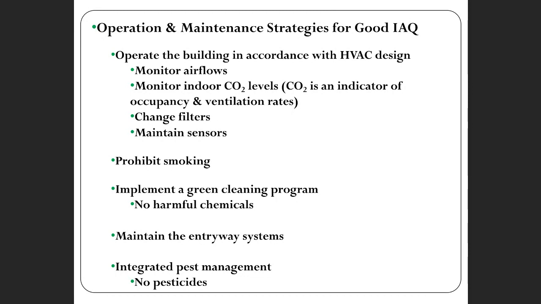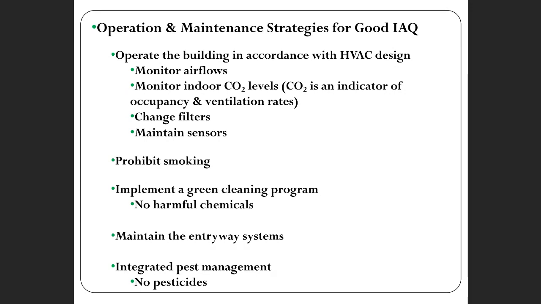You can measure how much outside air you're bringing in. You can measure CO2 levels. As I said before, CO2 is an indicator of occupancy. We can adjust ventilation levels in response to CO2, although we're getting away from that a little bit now with COVID, right? We're just bringing in a lot of outside air.